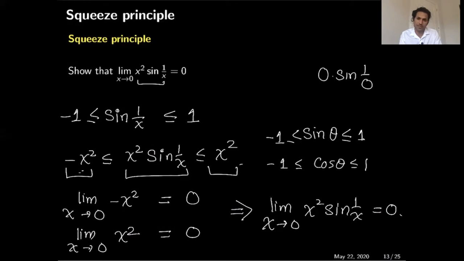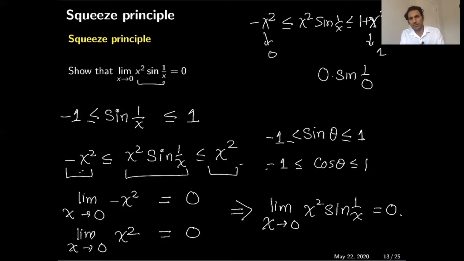For example, this function is also squeezed between minus x square and 1 plus x square, so x square sine 1 over x is also squeezed between these. But this limit is going to 1 and that one is going to 0. These limits are not the same, so you cannot use the squeeze principle with minus x square and 1 plus x square to calculate the limit of this function. So this is not the right pair of functions to calculate the limit.